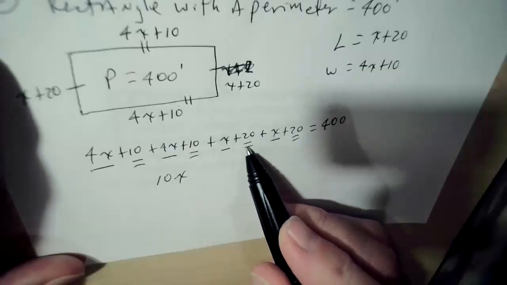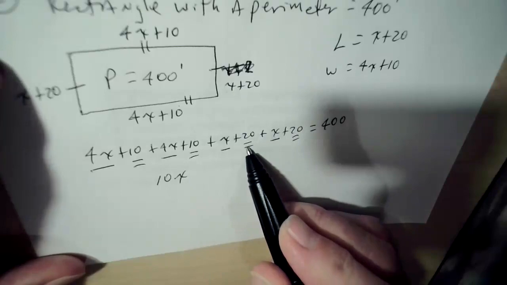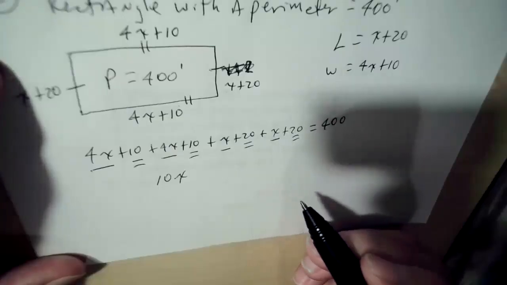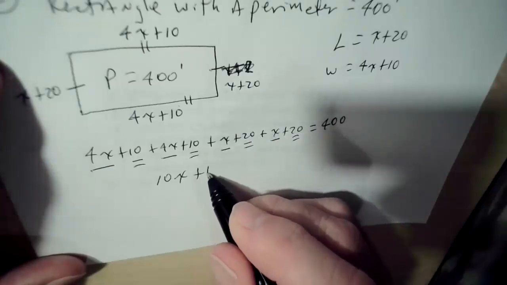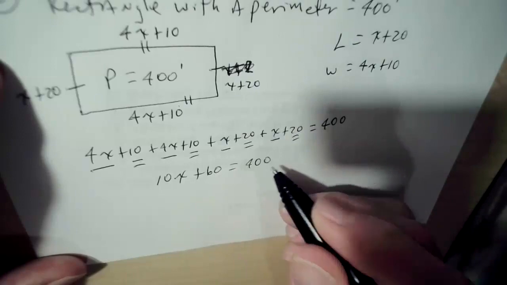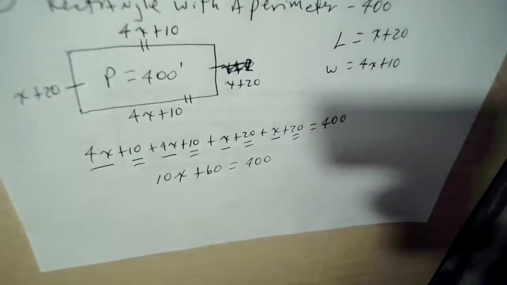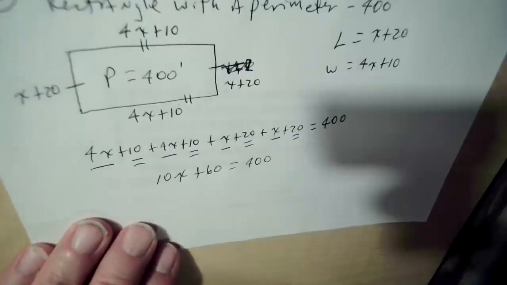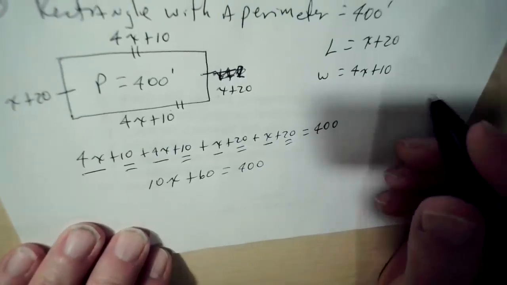Okay. 10 and 10 is 20. 20 plus 20 is 40. And 40 plus 20 is 60. Equals 400. Is that right? I think so.